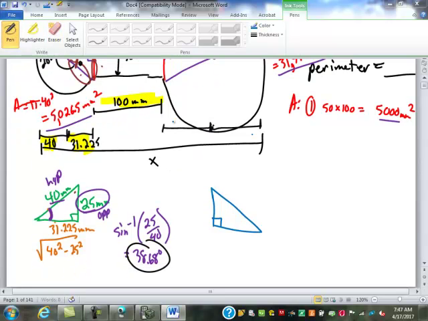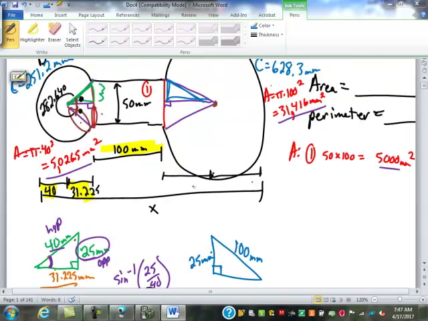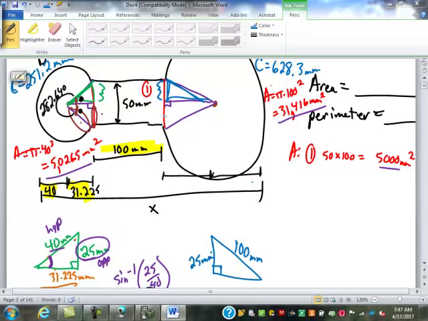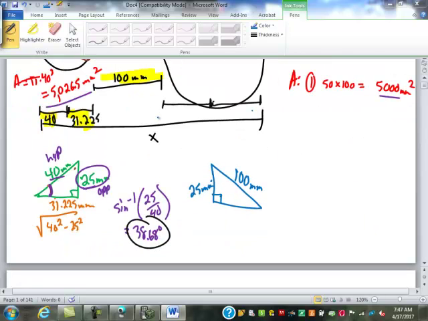Okay, so down here on this triangle, what parts do we know? The hypotenuse is the radius of the circle. It's 100 millimeters. This side over here is still 25. That's still just half of the 50 across there. So then we can find this piece down here, which will be the square root of 100 squared minus 25 squared.